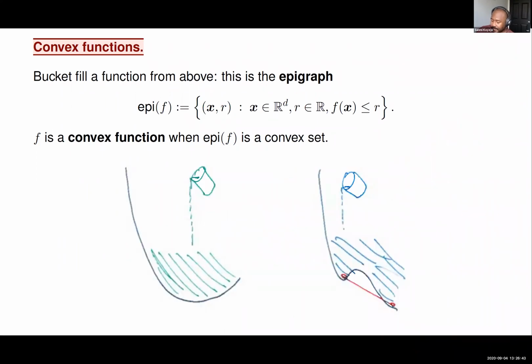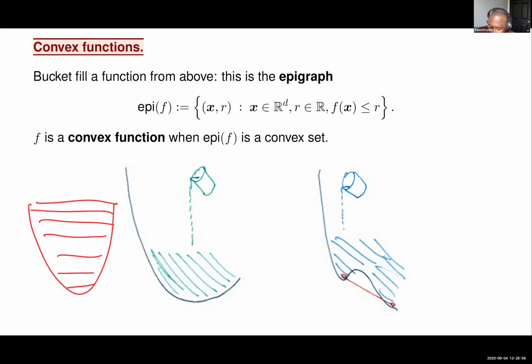So intuition again about epigraphs: if I take a set like the U-curve that I drew before, let's actually do this explicitly. If I bucket fill, I get a set that looks like this. And now we can apply the test that we discussed before, which is, can I put all line segments within the set? So if I draw any line, the line always remains. So this line or that line always remains inside the set, which means that this set is a convex set, which means that this function is a convex function.